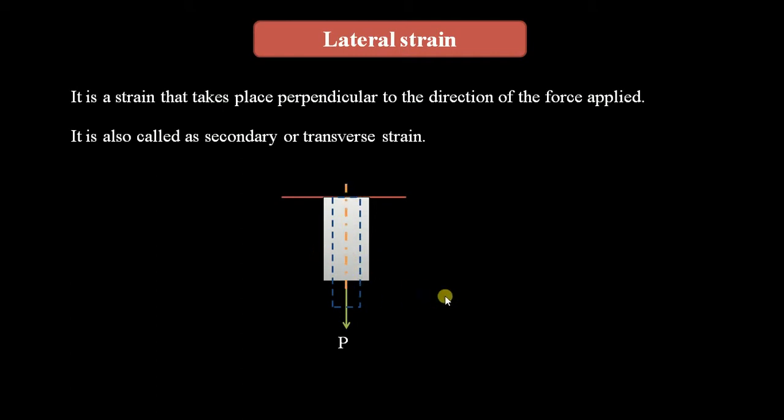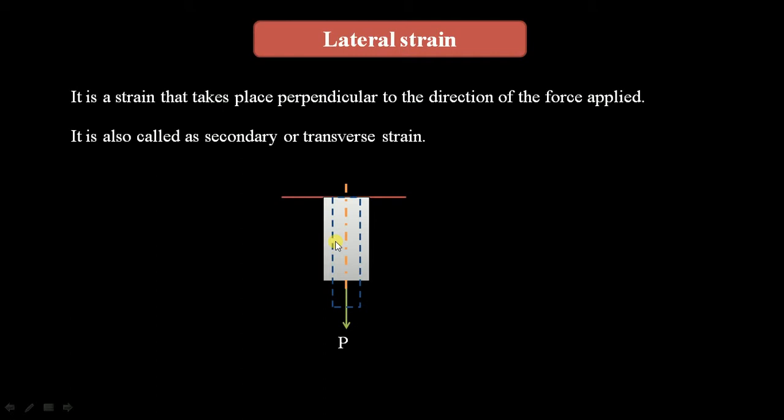The force passes through the axis of the member. So there is an increase in length along the direction of the force, and a decrease in diameter or size, according to the cross section of the body, perpendicular to the direction of the force we are applying.